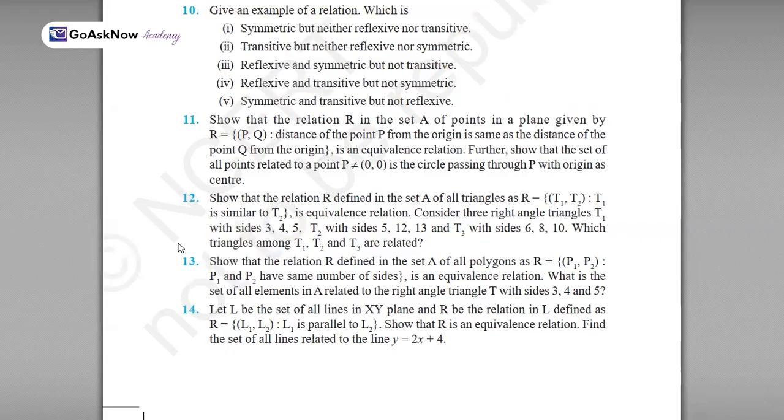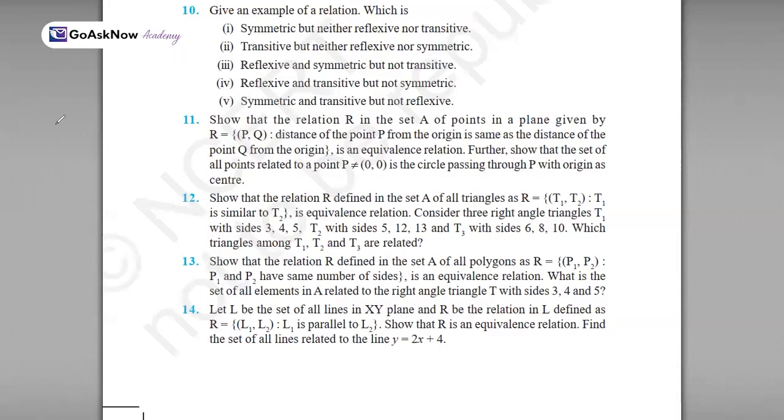Which triangles among T1, T2, T3 are related? Okay. So we have to solve this, and let's try to make the result out of this.